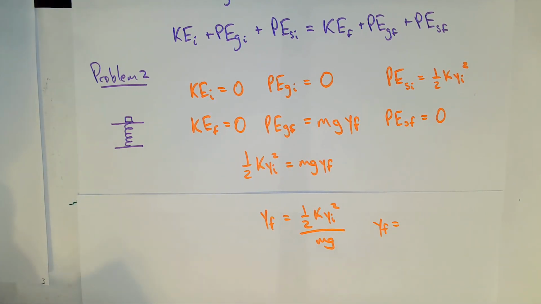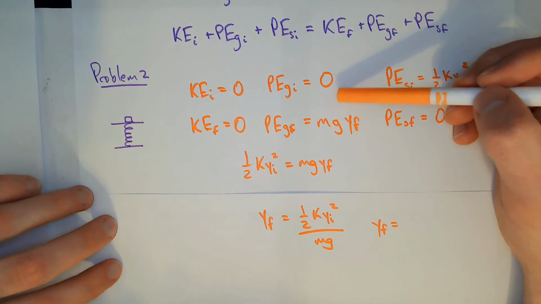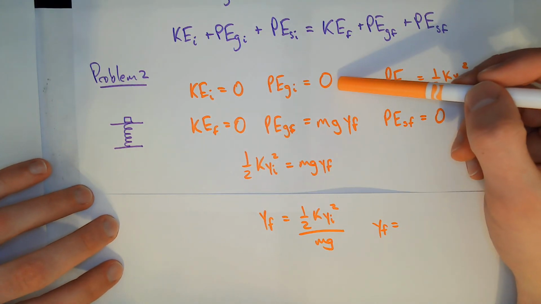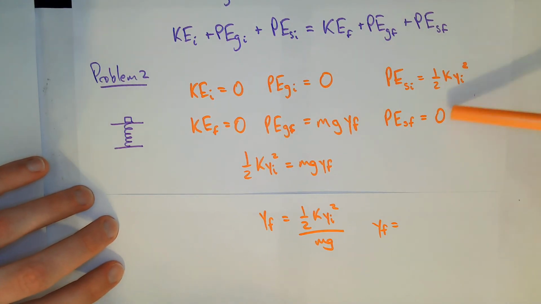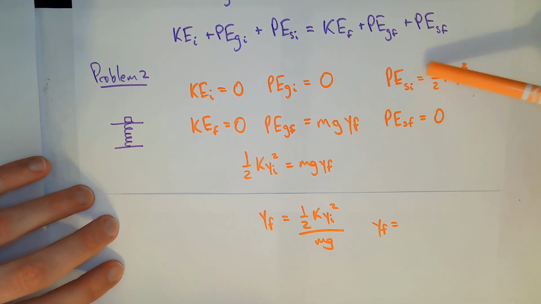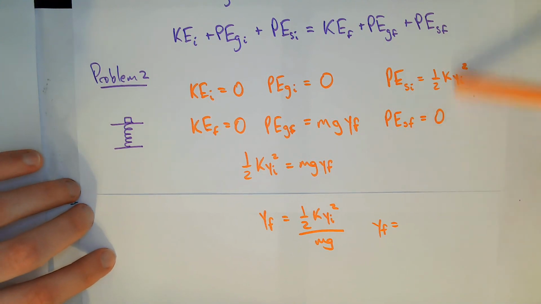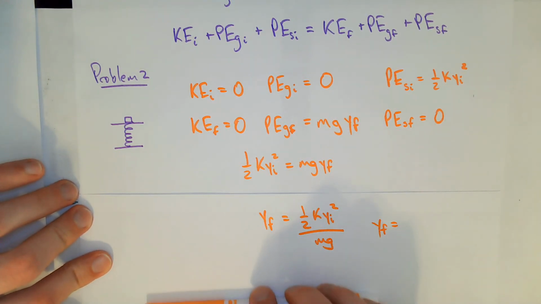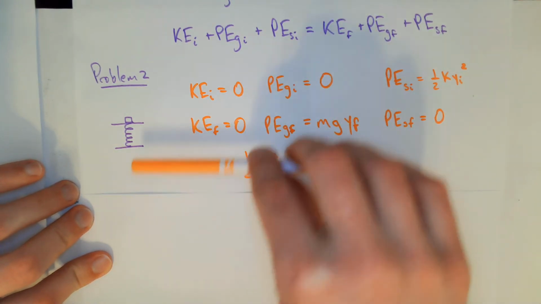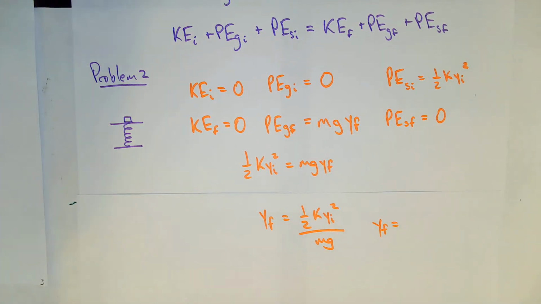So got to be careful there, because I said that this term is 0 because y initial is 0, which is true, but that's y initial for gravity. Over here, y final and y initial for the spring are different. The final value for the spring we've set to be 0 up at equilibrium somewhere. They're just different values, so just being careful there.